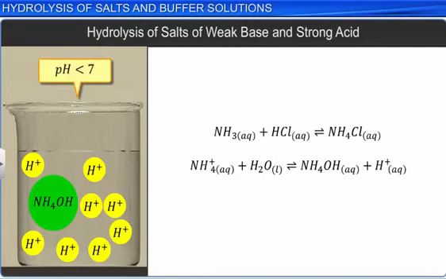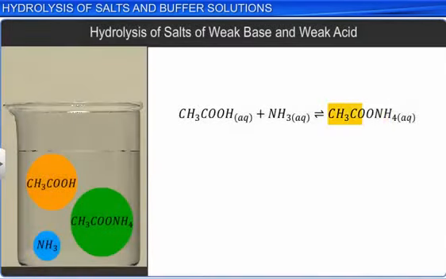Hence, the aqueous solution of a salt of a weak base and a strong acid is acidic due to the hydrolysis of its cation. Ammonium acetate is a salt of a weak acid, acetic acid, and a weak base, ammonia.